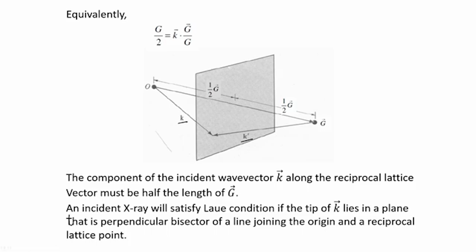So, what looked like a very simple condition in Bragg's law now shows that the wave vectors of the incident and scattered X-ray have a very intimate relationship with the reciprocal lattice vector of a particular lattice.